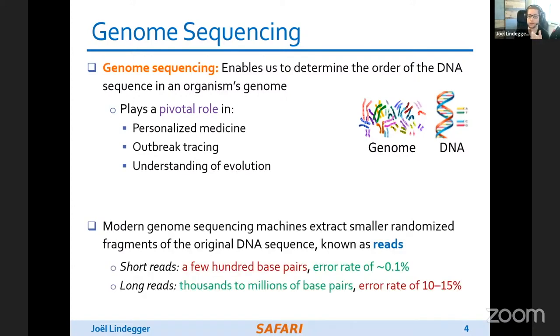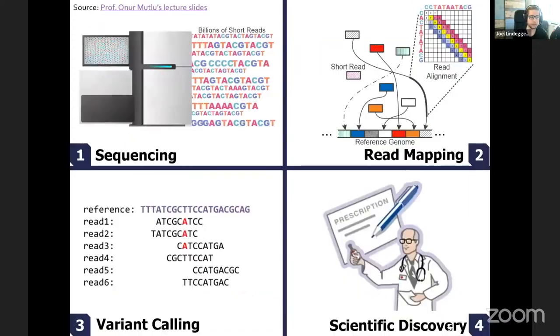We call them reads, and depending on the technology that we use, these can be a few hundred base pairs or characters if you're being computer scientists at small error rates, or there can be very long reads from thousands or millions of characters with high error rates. And more recently, there can also be long reads with low error rates and so on. But anyway, the reads are diverse, and our algorithms also need to be able to handle this.